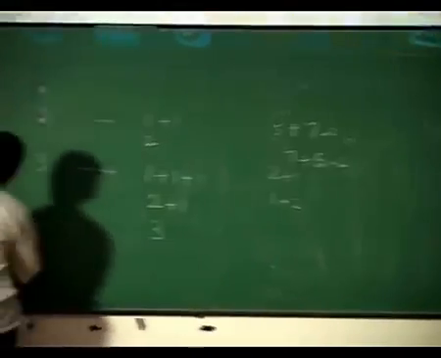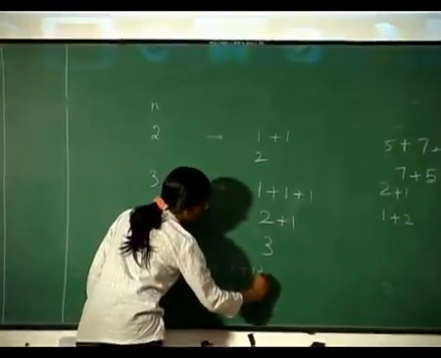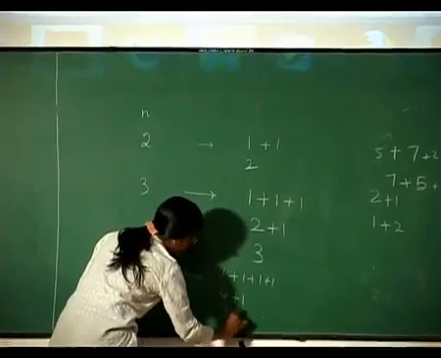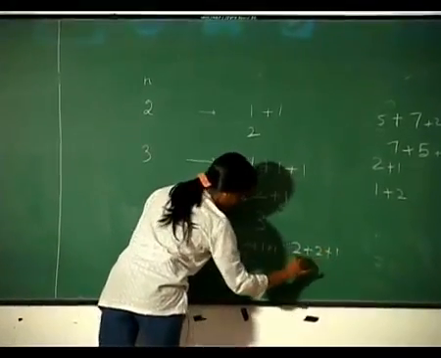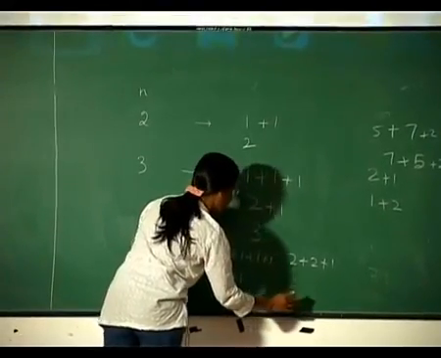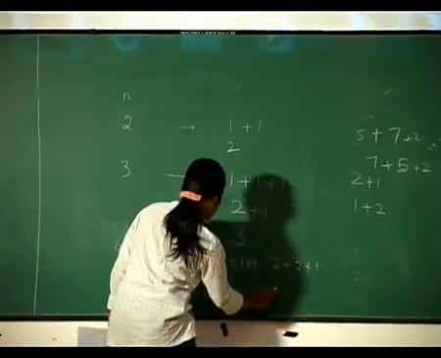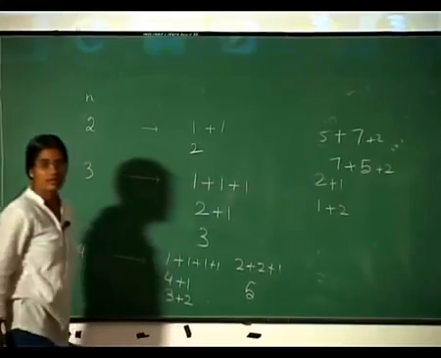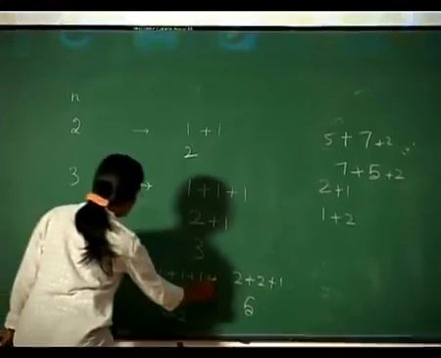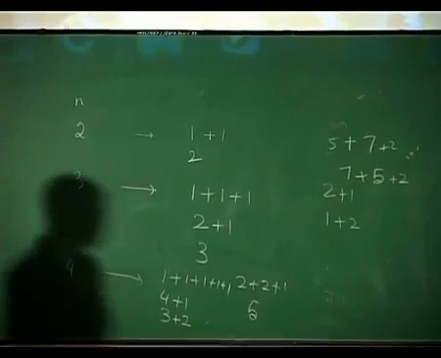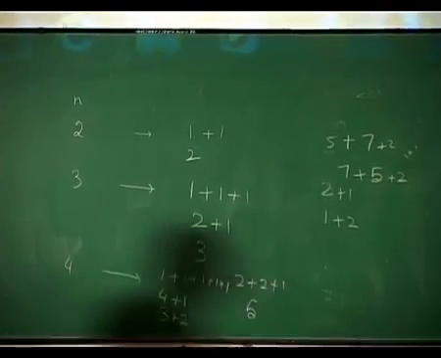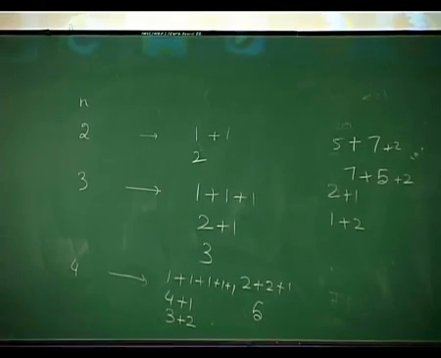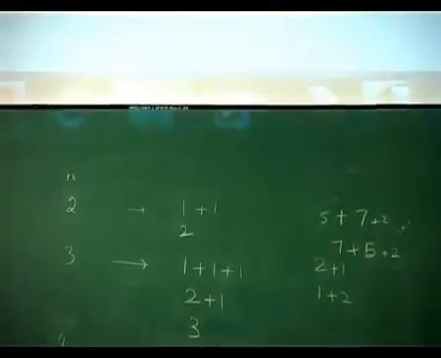So for 4 we have 5 partitions. What are all of them? 4, 3 plus 1, 2 plus 2, and so on. So these are the 5 ways of splitting the integer 4.